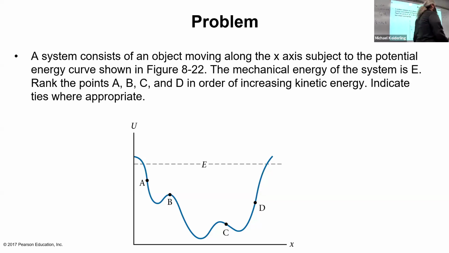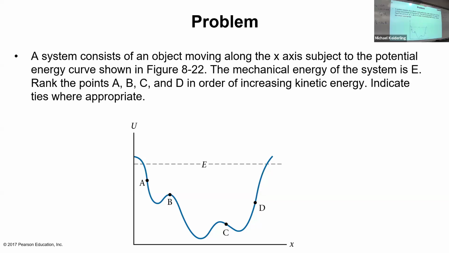Which of these do you think has the lowest kinetic energy? Which of these points, A, B, C, and D, has the least kinetic energy? Remember, the total energy is going to be E, and the blue line represents potential energy.